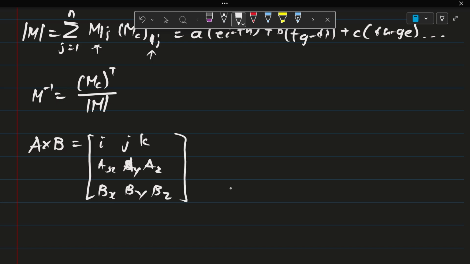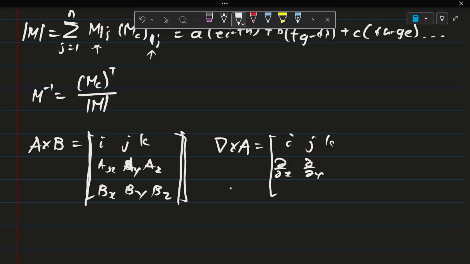It is as if we are taking the determinant of this, even though we are doing the determinant with vectors. And it's fine, it's just a formality for writing the cross product. Same thing with curl. If you take the curl of A, it's going to be i, j, k, partial over partial x, partial over partial y, and partial over partial z, then ax, ay, az.